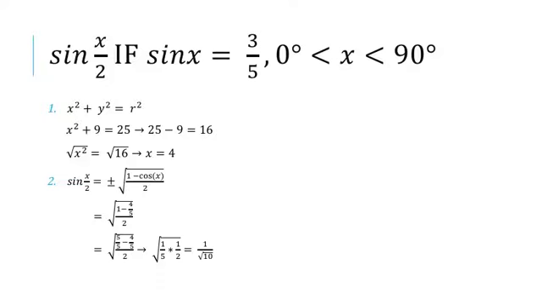Because we can't have any square roots in our denominator, we thus multiply our fraction by the square root in the denominator. So 1 over the square root of 10 times the square root of 10 over the square root of 10 is equal to the square root of 10 over 10.